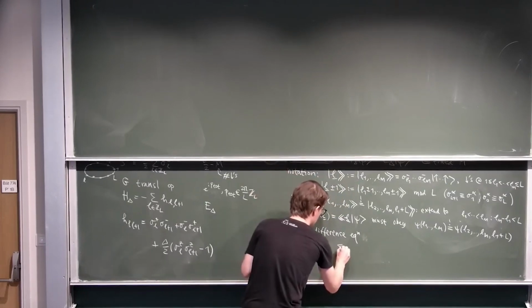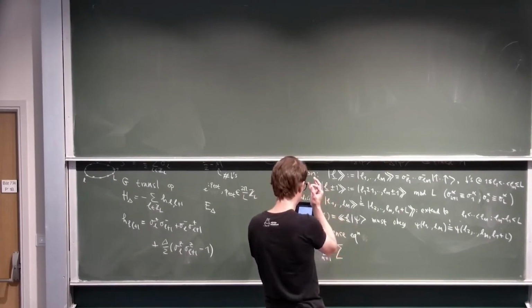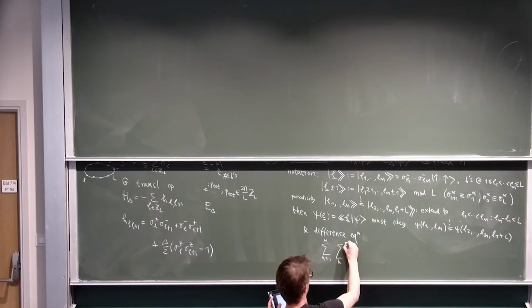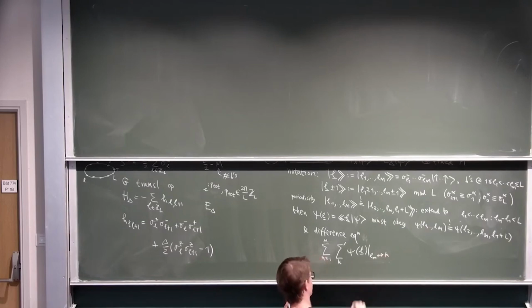And for each of these down spins, we make a sum over k in a range which I will specify in a moment. So I just write the sum with a prime for now. Then we have psi of this L, but we replace Lm. So the mth magnon we send to k.